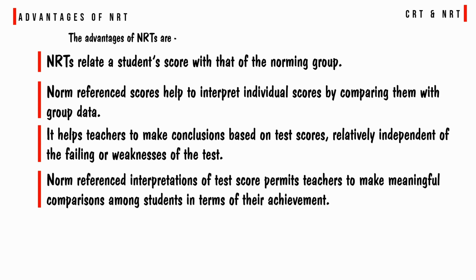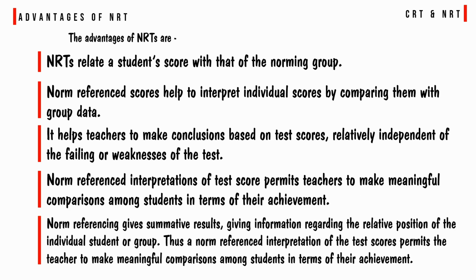Norm-referenced interpretation of the test scores permits teachers to make meaningful comparisons among students in terms of their achievement. Norm referencing gives summative results, giving information regarding the relative position of the individual student or group.